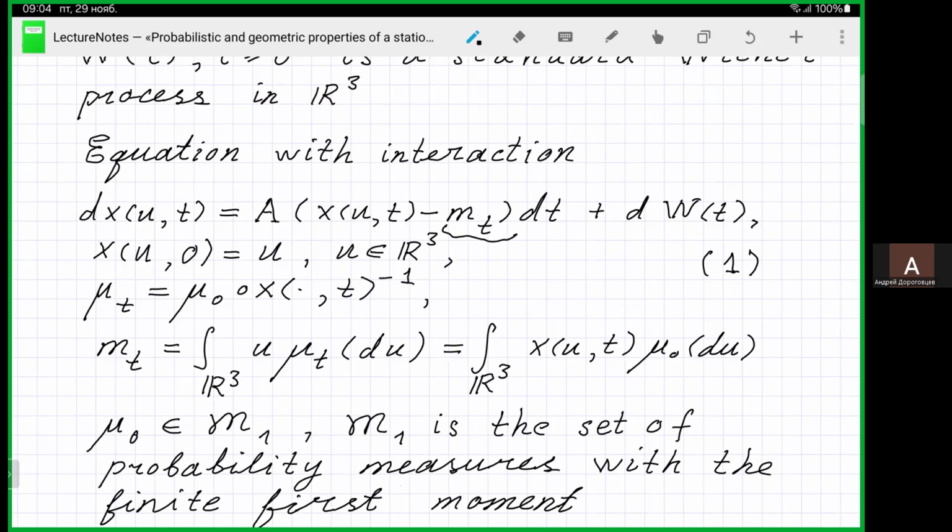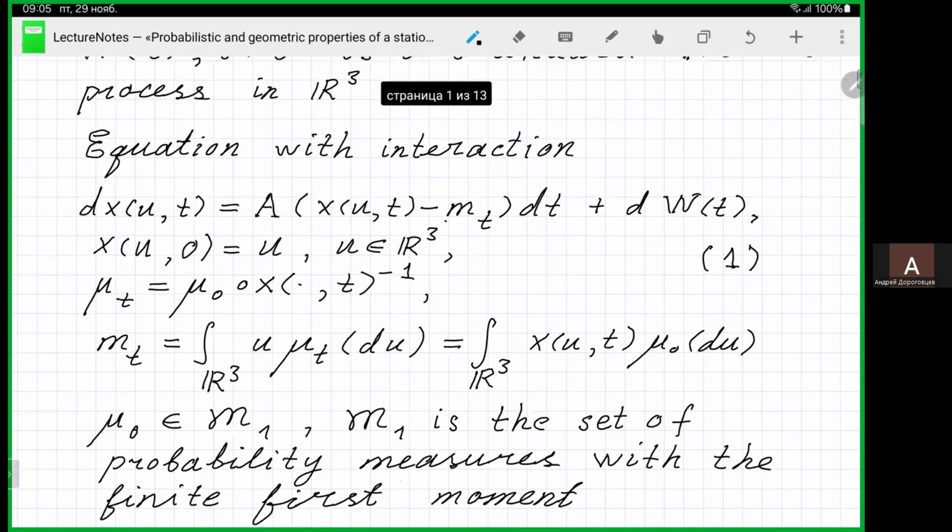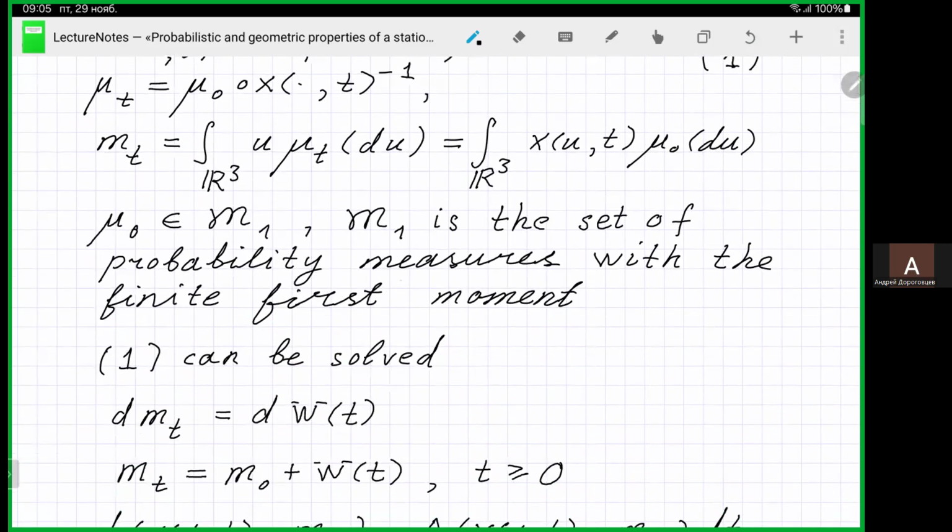Mu_t is an image of the initial mass distribution. And we consider the equation where in the right-hand side we have a dependence on our mass distribution mu_t, but a very simple one, just through the center of mass. Here, the initial measure mu_0 is supposed to have a finite second moment.